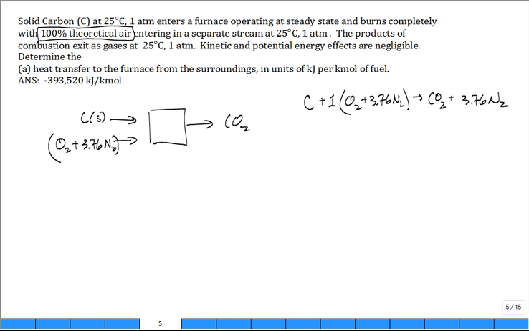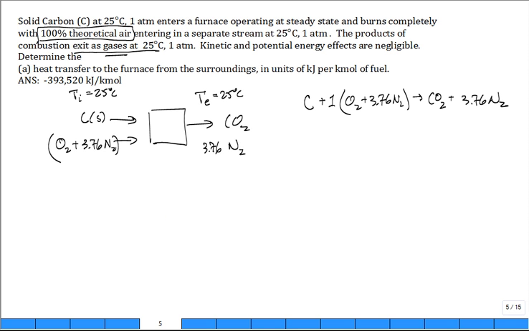Okay. And the airstream comes in. The temperature in is 25 degrees C. The products exit as gases all at an exit temperature of 25 degrees C. So it goes out N2, 3.76 N2, right?